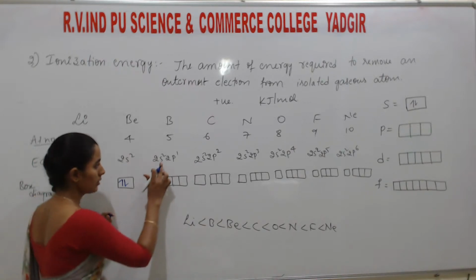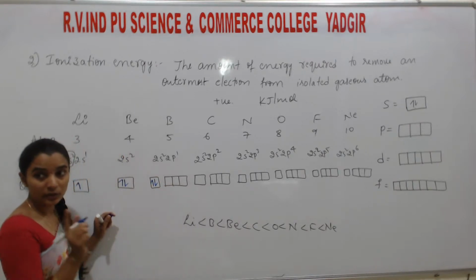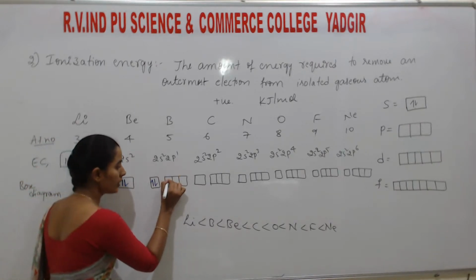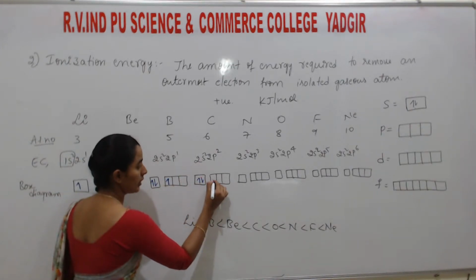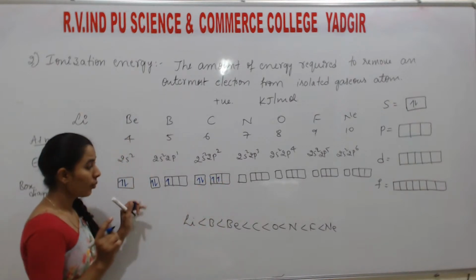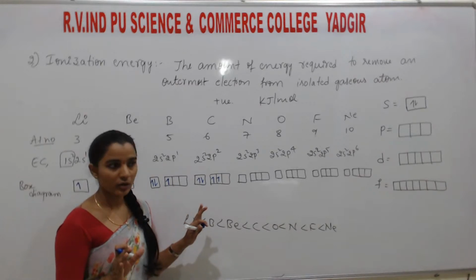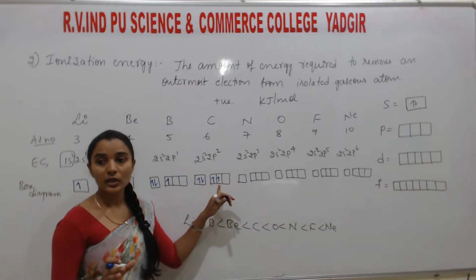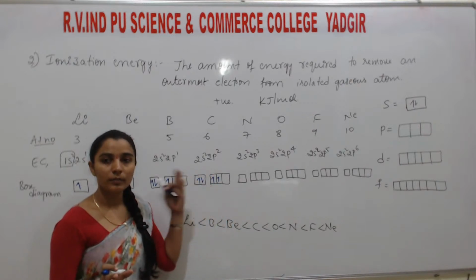Okay. Next, this one is 2s2, completely filled. As I told you, maximum electrons is 2 only. Here only one is there. Next here, 1. Next here, students, 1. So that means, because all the p orbitals have the same energy, each and every orbital should be filled singly first, then pairing up takes place.